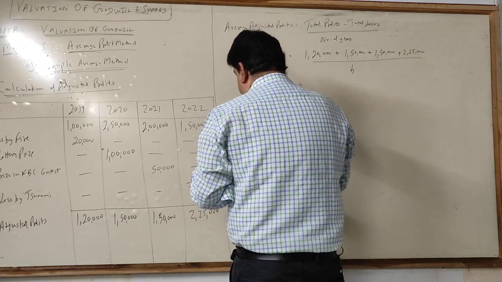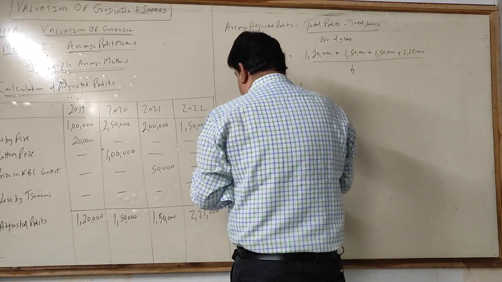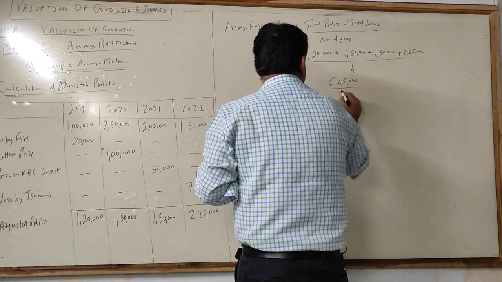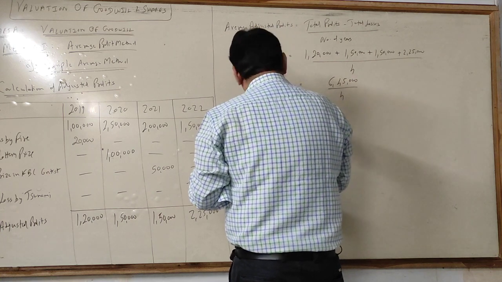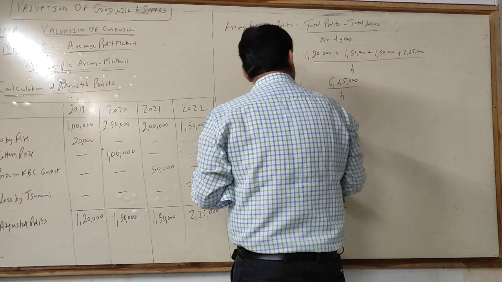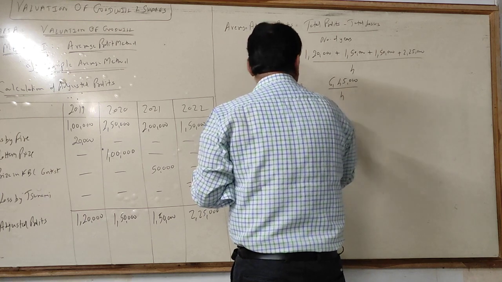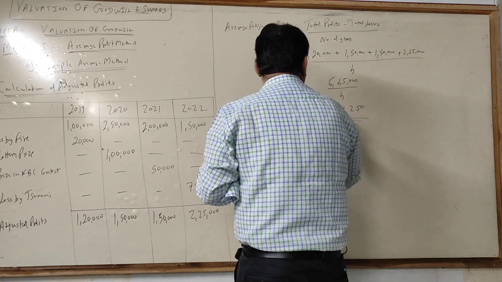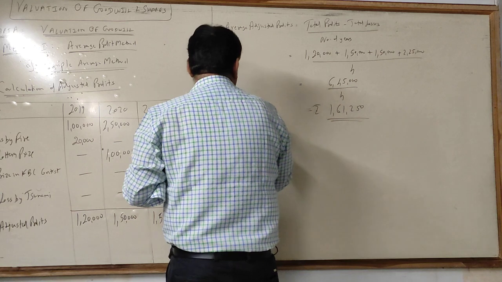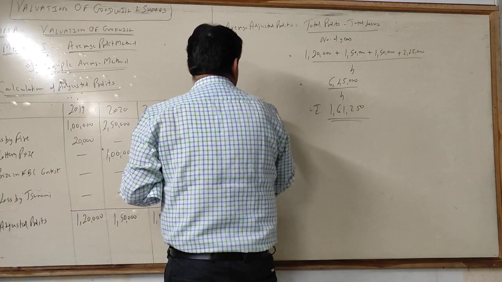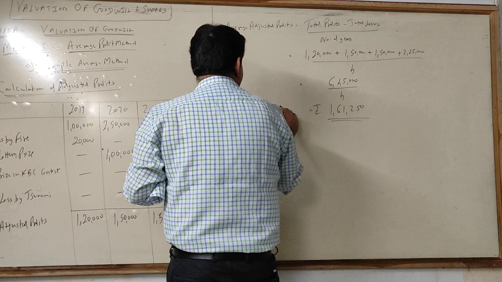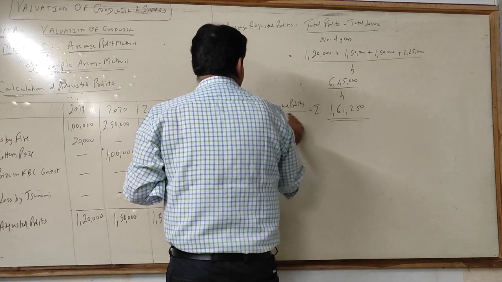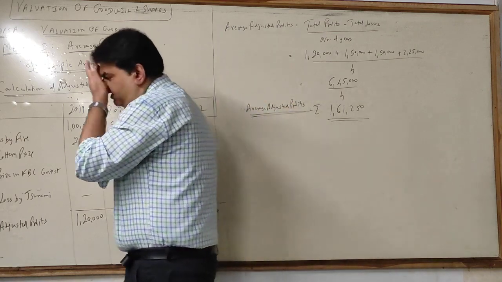So 120, 150, 150, 225, 645 divided by 4. $161,250 is your average adjusted profits.